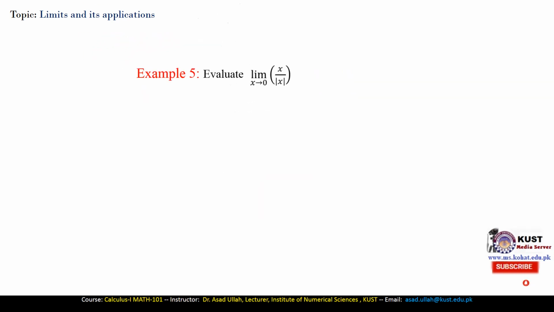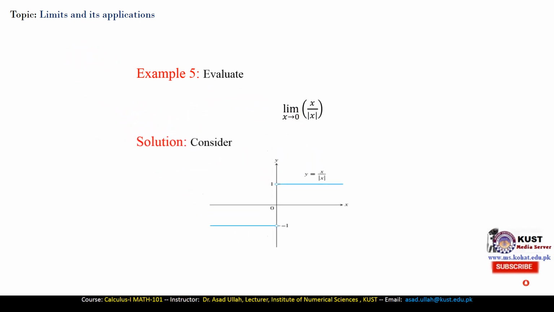In example number 5, we are to evaluate the limit of the function x divided by the absolute value of x at the point 0. Now the graph of the function is plotted as follows. When we are approaching the point 0 from the left side, by the definition of absolute value, |x| is equal to minus x.